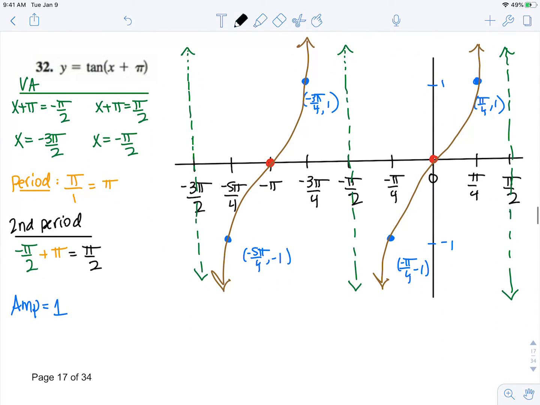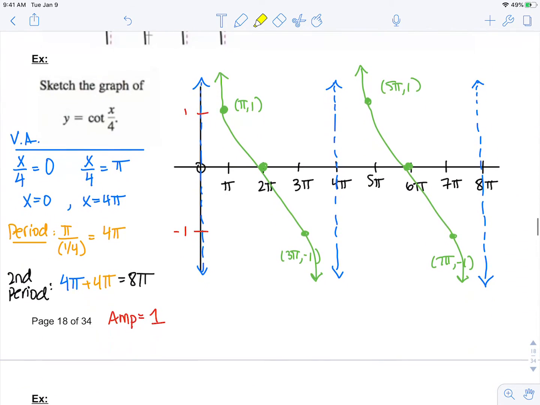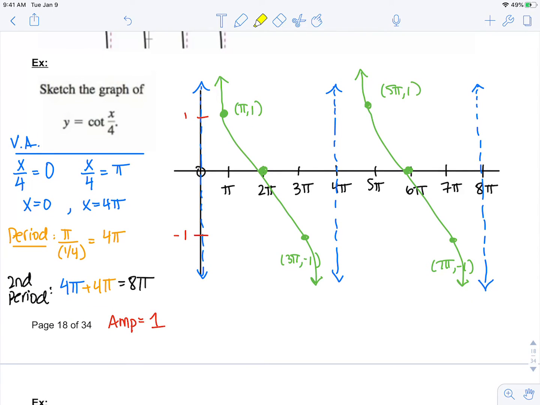On number 32, our domain, x cannot equal the first vertical asymptote plus multiples of our period, and our range is from negative infinity to infinity. The same is true for cotangent functions.